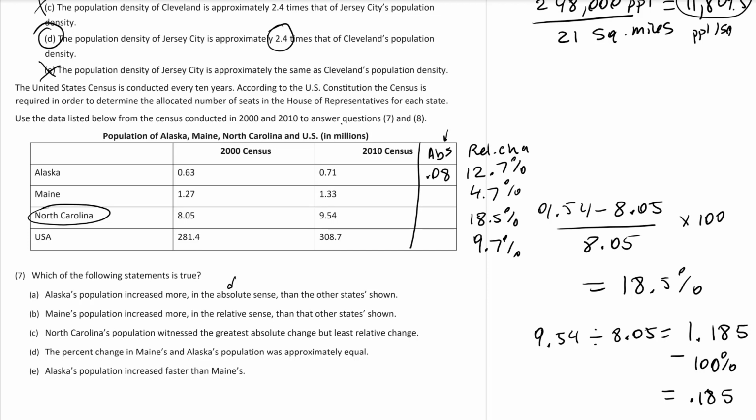Notice the population is measured in millions, which is fine. You could use the numbers like that just to measure the change. It's only 0.08 of a million, and then you subtract the others. All right, so you see you've got the numbers.